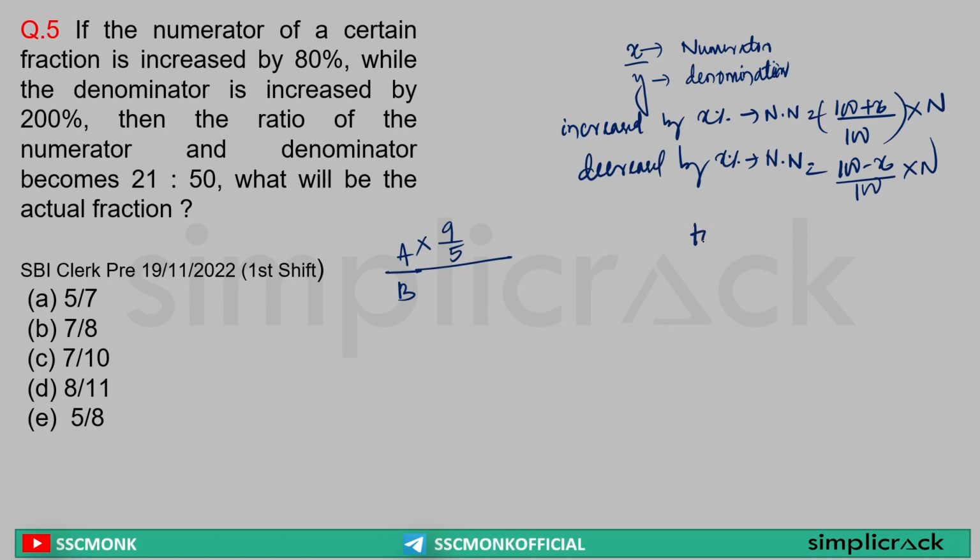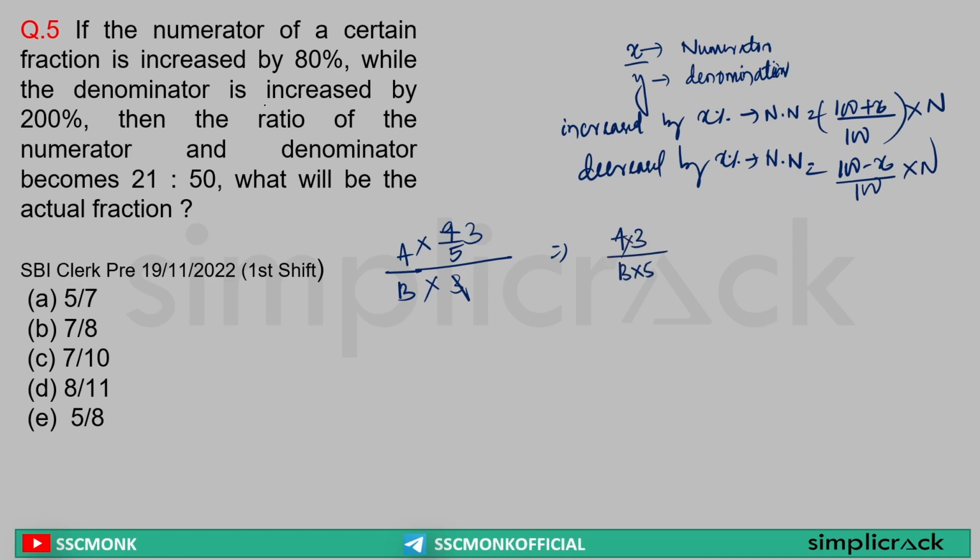Increased to means if it was x previously, now it is y. If increased by y, that means x plus y. So that is the thing you need to remember. Now it is saying increased by 200%, that means 100 plus 200, 300 divided by 100, that is equal to 3. So 3 3s are 9. I can write this as a times 9 divided by b into 5.